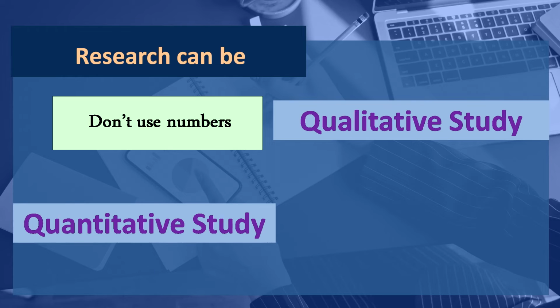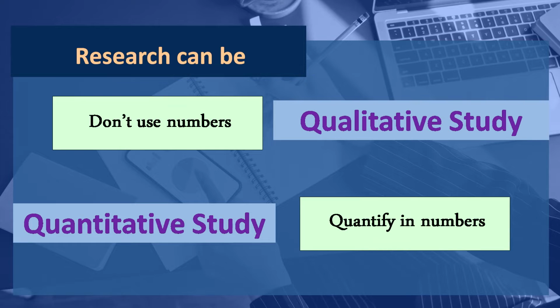It has merits and demerits, and you can't generalize the findings from a qualitative study. It is specifically for one community, one group, or a few individuals. We try to understand certain contexts and scenarios in relation to communication media usage. So that is qualitative, where we never use numbers. We rely heavily on text and our own understanding and interpretation.